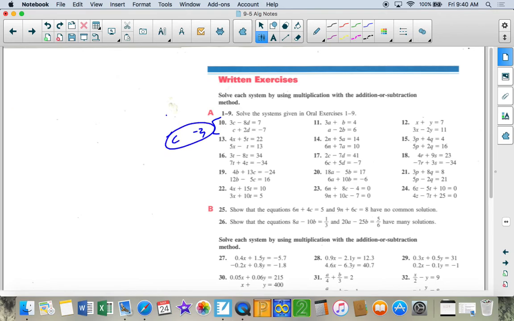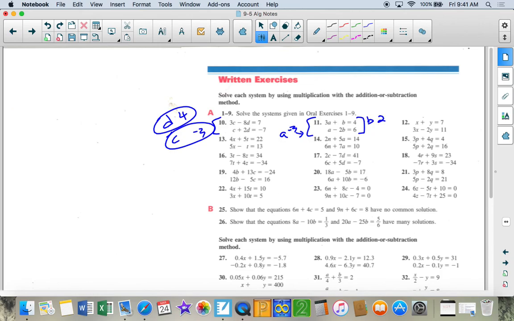If I wanted to cancel out the d's, I would have to multiply the bottom equation by 4. So we can choose either one. This is the nice thing to see knowledge and if you understand it. If we're going to get rid of the a's, I'm going to multiply the bottom one by negative 3. If I'm going to cancel out the b's, I'm going to multiply the top one by 2.